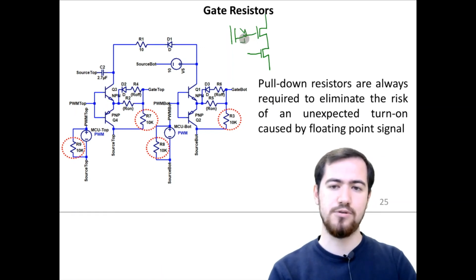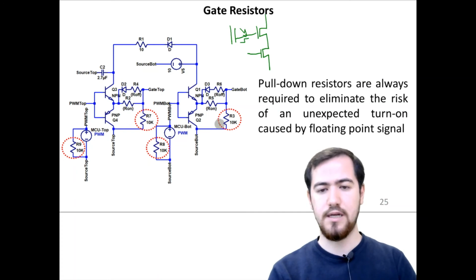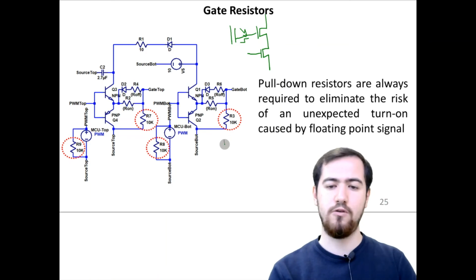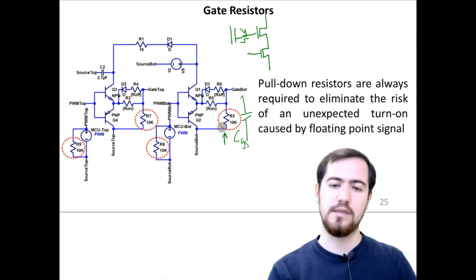It can be turned on if we leave that pin floating. In order not to cause a failure of our circuit, we always provide some pull-down resistors, which make the gate connected to the source, and it eliminates an instantaneous charge of the gate capacitance, CGS, because the resistor is in parallel with this capacitance, and the capacitance can be discharged through this resistive block.